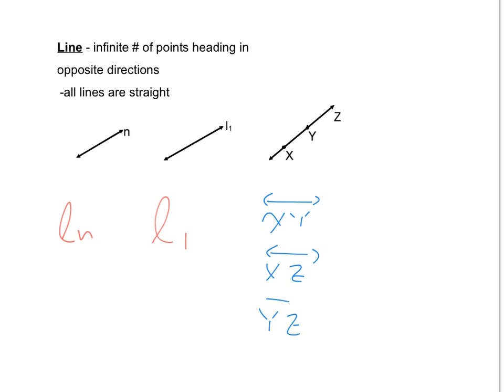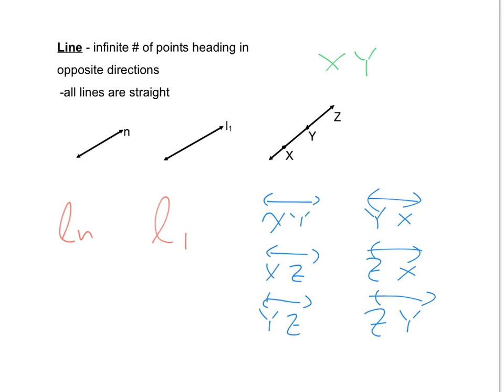Notice I'm drawing a line symbol above each time. I can reverse these, so I can call this line YX, line ZX, or line ZY. What I don't call this is line XYZ. We don't name lines with 3 points. That is wrong.